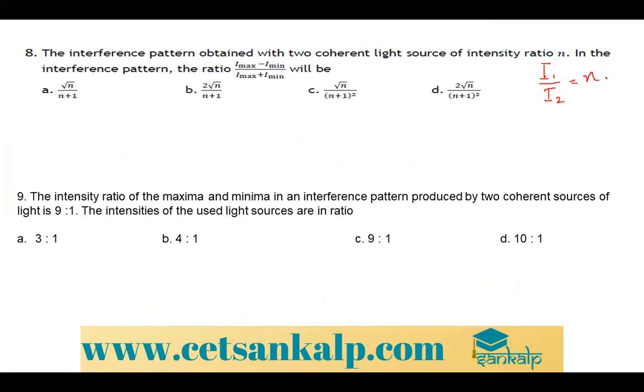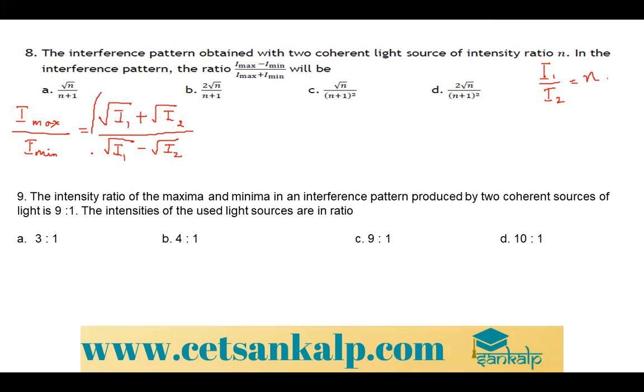You know the formula I max divided by I minimum is equal to square root of I1 plus square root of I2 whole divided by square root of I1 minus square root of I2.